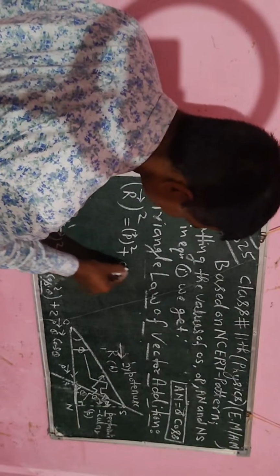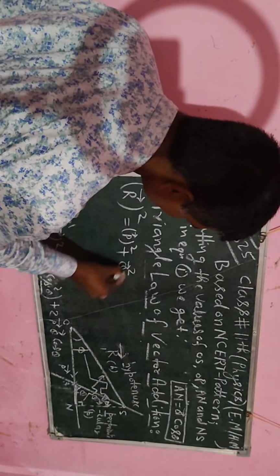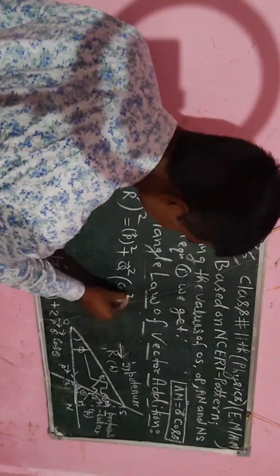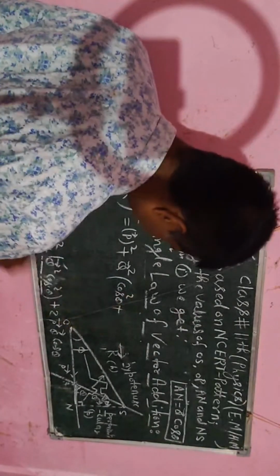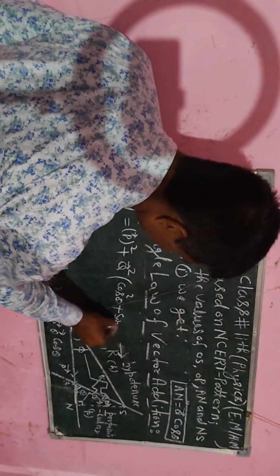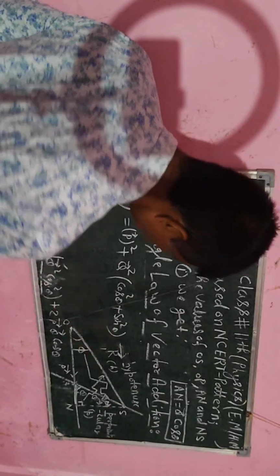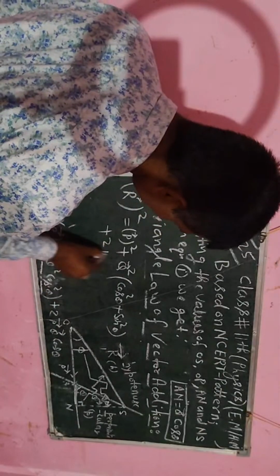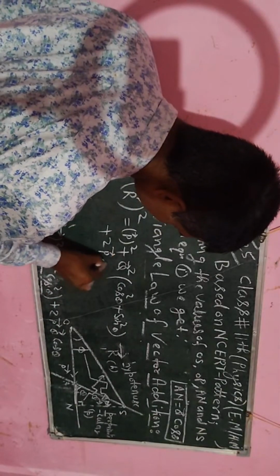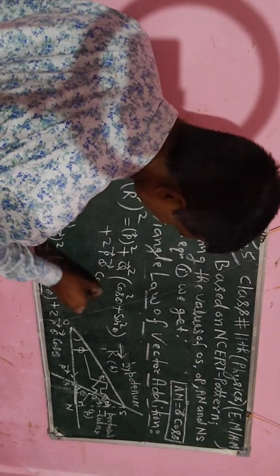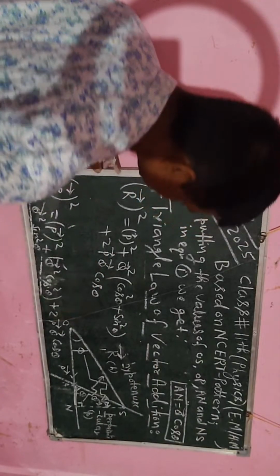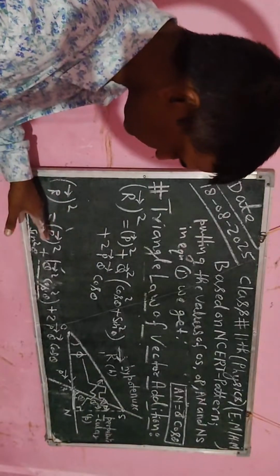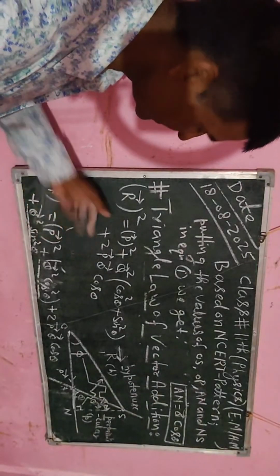So I will take vector Q square common, and in the bracket I will write cos square theta plus sin square theta. Then in the bracket, 2 vector P into vector Q and cos theta. This information I will write when I simplify this identity, so I will get this.